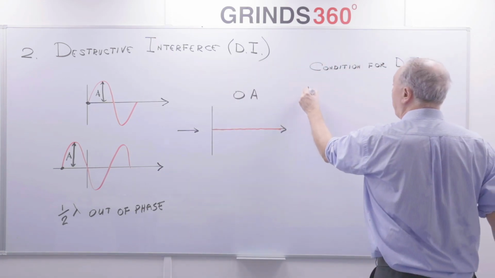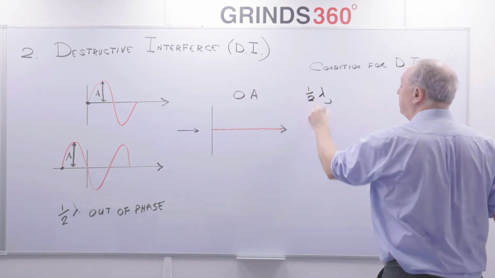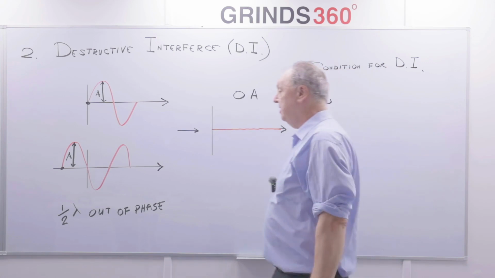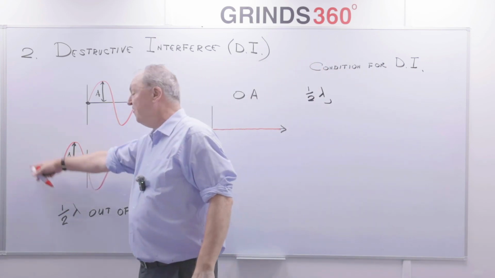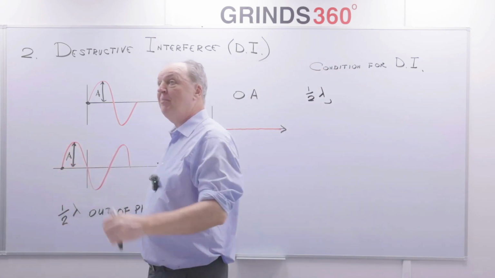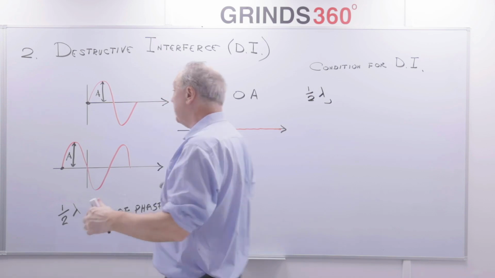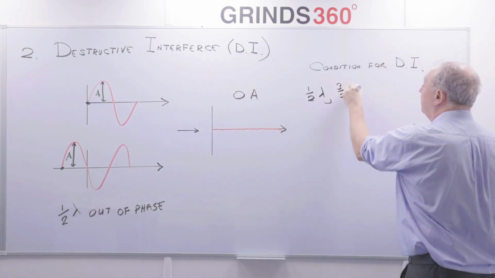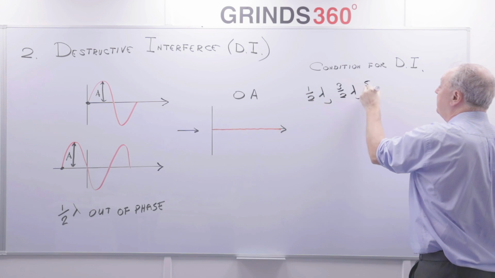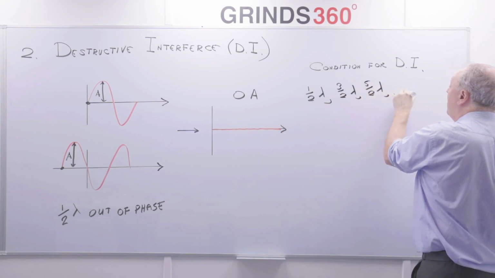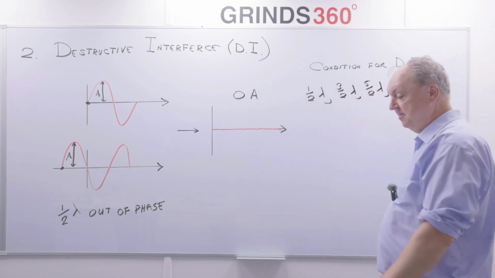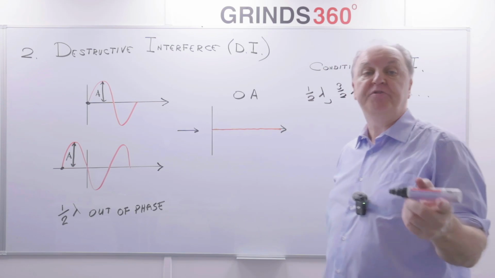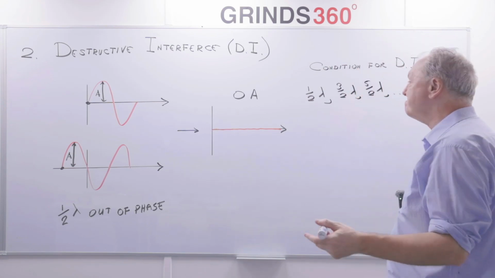So we're talking about half a wavelength out of step. But you could also have a full wave back to the left here as well. That would be 1.5 wavelengths out of step, so 3 halves lambda out of step, 5 halves lambda out of step, and so on. That would give you destructive interference.